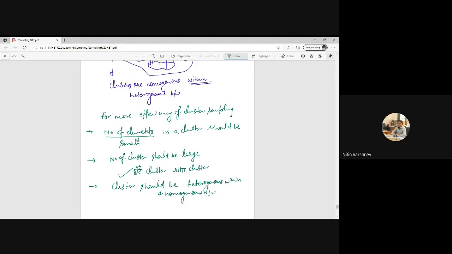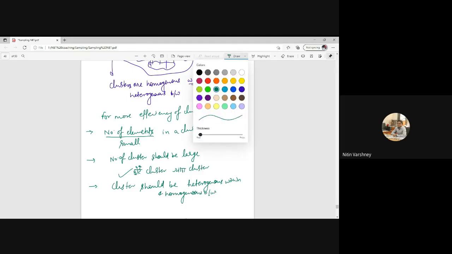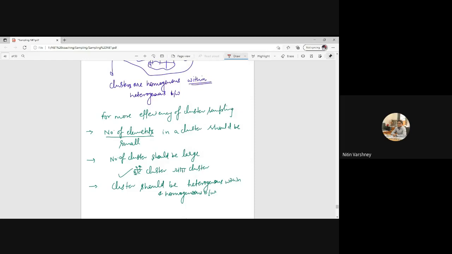Okay, this is the difference, and this point is important. If someone asks what is the nature of clusters, clusters are naturally homogeneous within and heterogeneous between, but for better efficiency, clusters should be heterogeneous within and homogeneous between.